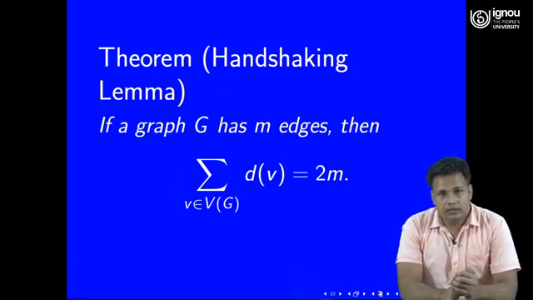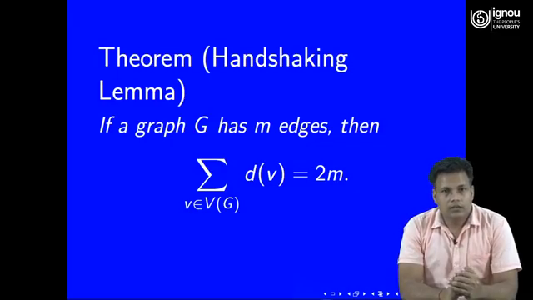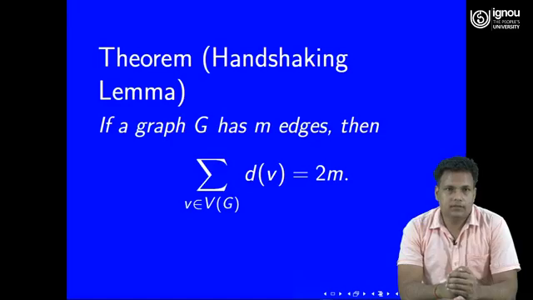Now there is a very interesting result related to degrees of a graph and the number of edges it has, and it is often known as the Handshaking Lemma. In fact, it is one of the fundamental results concerning graphs.